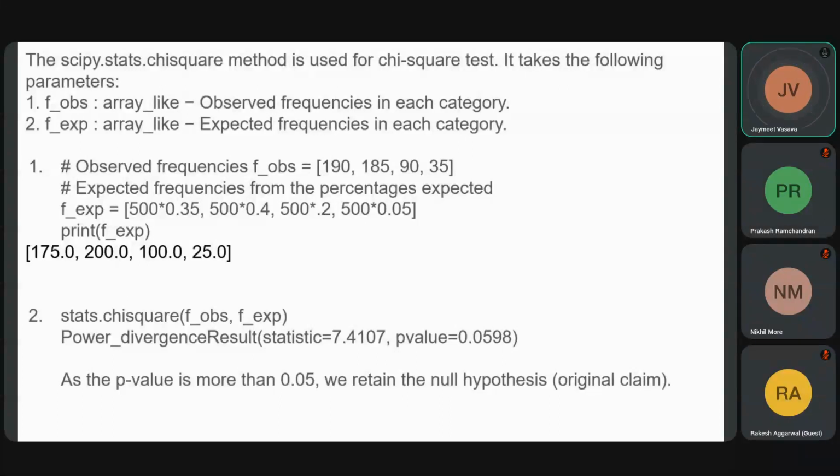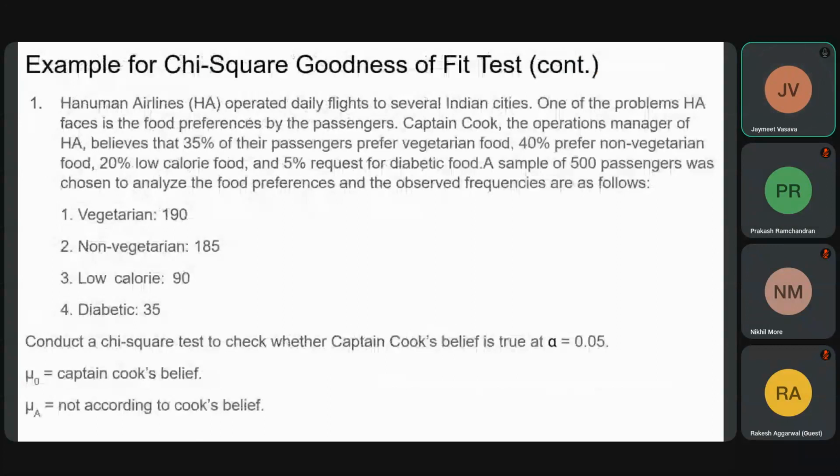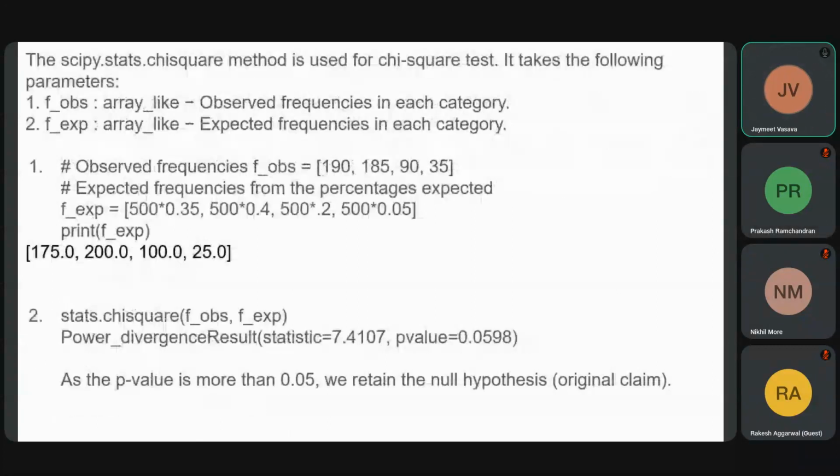The observed frequencies are 190, 185, 90, and 35. The expected frequencies were given in percentage for 500 passengers, so we'll be converting them and stating them in the list of expected frequency. When we print the values, these are the values that we get, from 175 to 25.